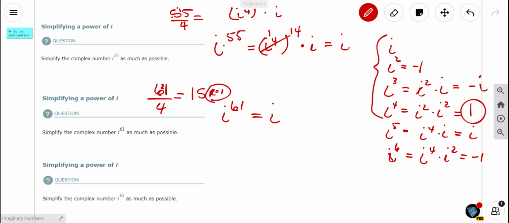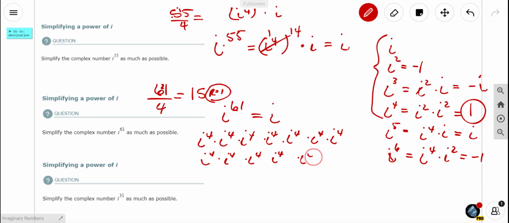Initially, you might need to do this and do it 15 times. I don't know if you do or not. If you need to, do it, but this is the idea. 1, 2, 3, 4, 5, 6, 7, 8, 9, 10, 11, 12, 13, 14, 15.